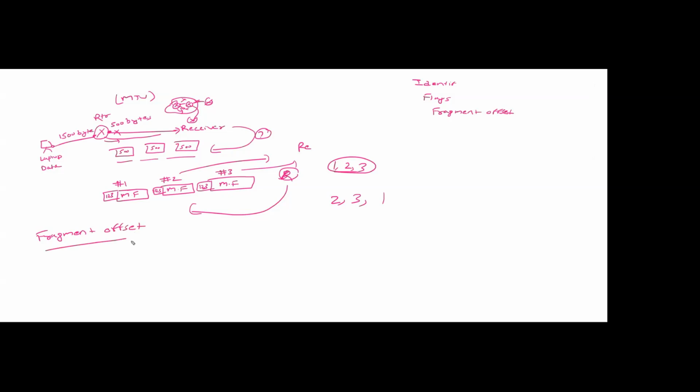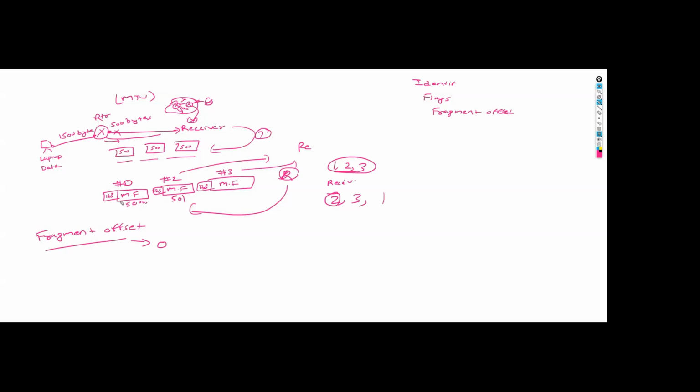Basically, it starts with 0, which means my first data begins here at 0. Let's say this has an offset of 0, and this is 500 bytes, right? So whenever number 2 is received on the receiver end first, it might have a fragment offset of 501. Why?